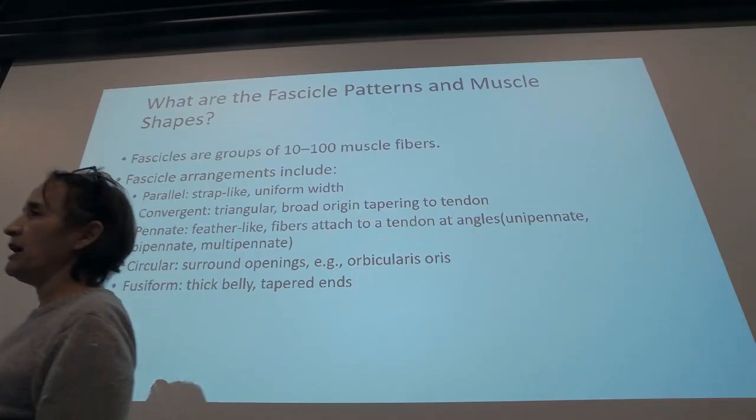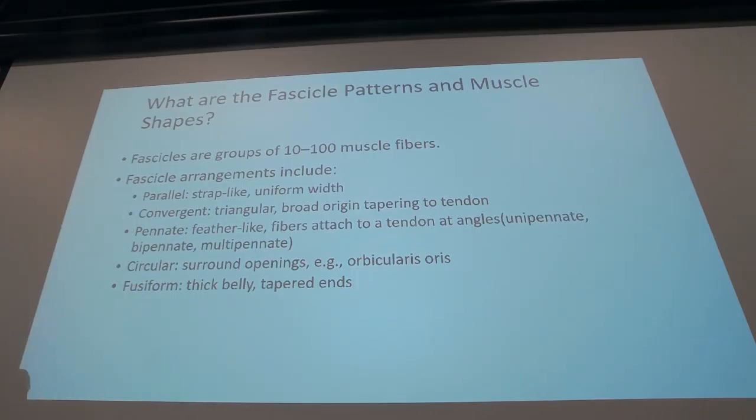So fascicles are made from 10 to 100 muscular fibers, and then the muscular fibers within fascicles are arranged in a particular way. And that arrangement can be named.